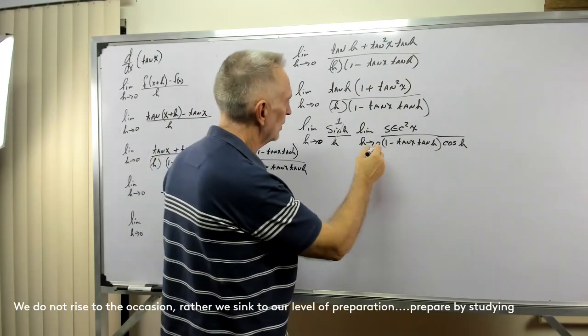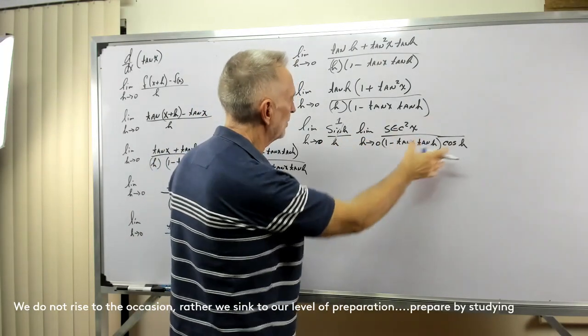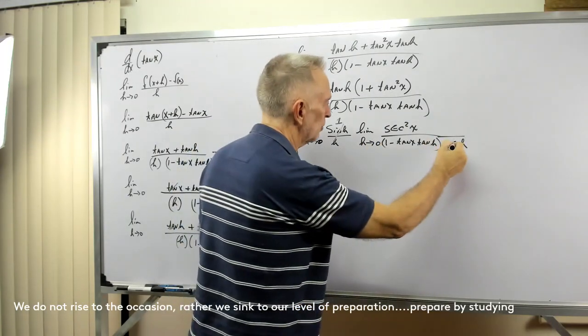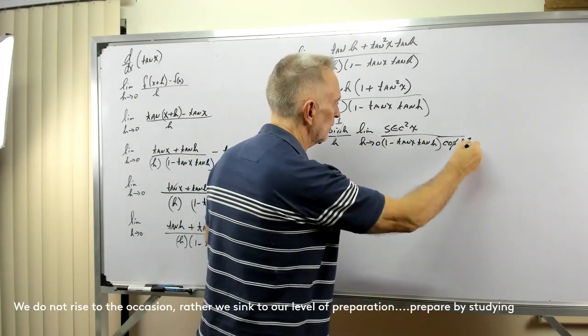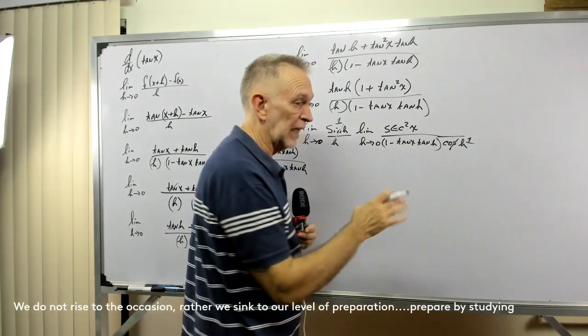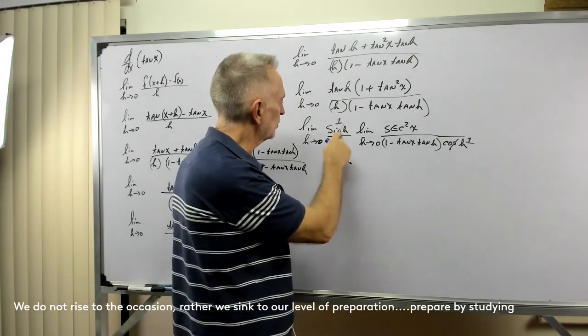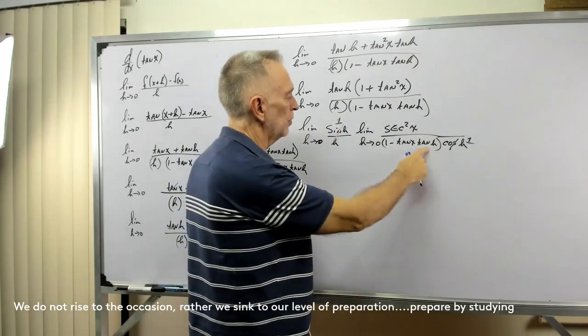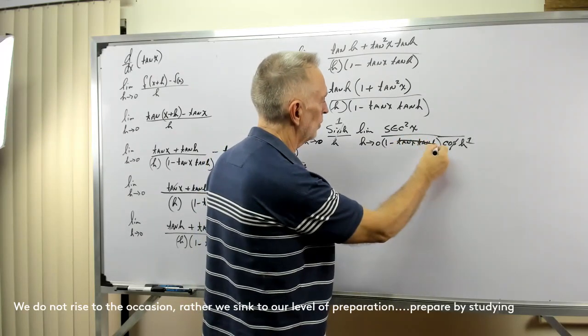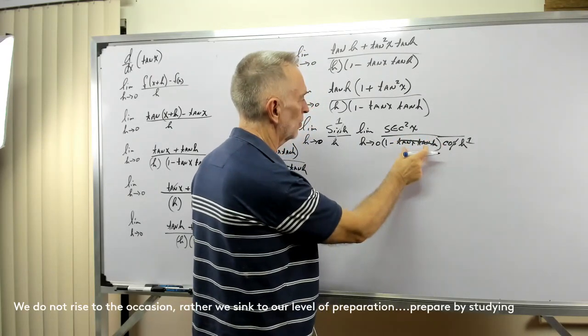And now, 1 times this limit as h approaches 0. As h approaches 0, cosine of 0 is 1. As for tangent h, as h approaches 0, it's the same scenario as you had here. If you plug in 1 times 10 to the minus 6, you'll get 0. Well, when you get 0, those two terms are wiped out.